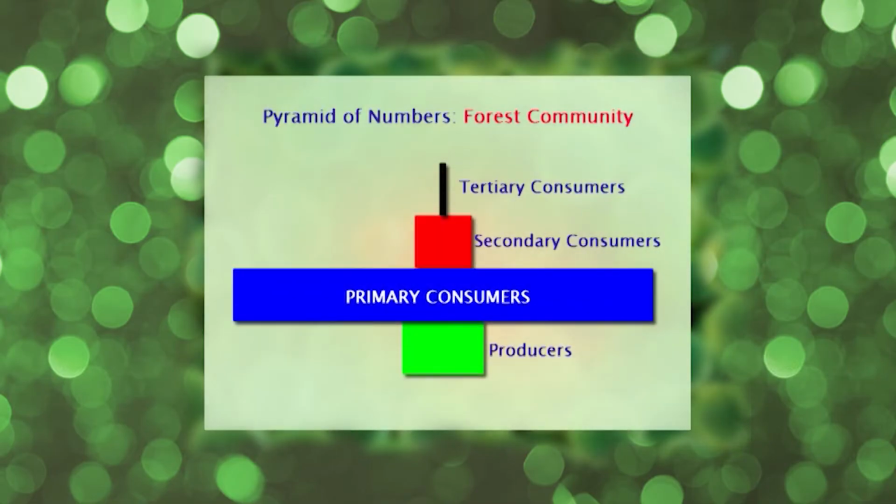However, in a forest ecosystem, the pyramid of numbers is somewhat different in shape. The producers, which are mainly large sized trees, are lesser in number and form the base of the pyramid. The herbivores, which are the fruit eating birds, elephants, deer, etc., are more in number than the producers and form the much broader middle level.